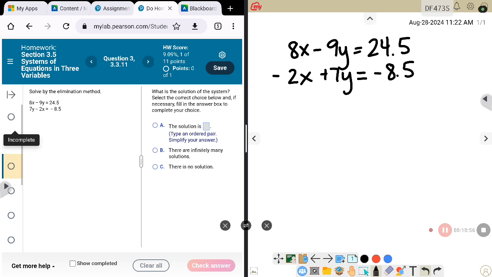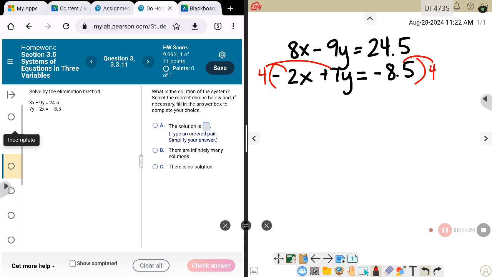If I multiply this second equation by positive 4, look what it's going to do to the x. It's going to turn it into negative 8. So when I add that to the top equation, it will eliminate the x's. So that's what I'm going to want to do. Multiply both sides of that second equation by positive 4.